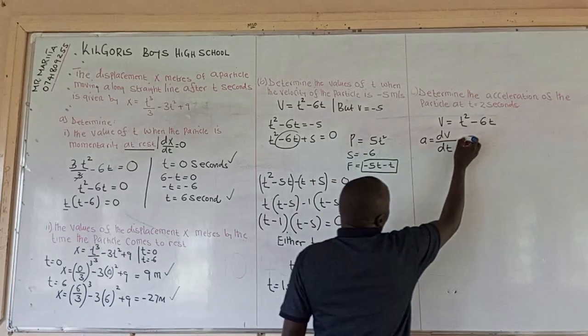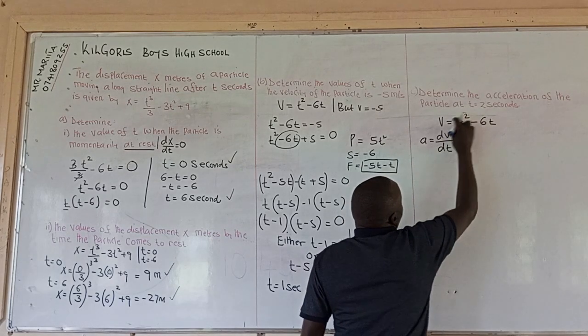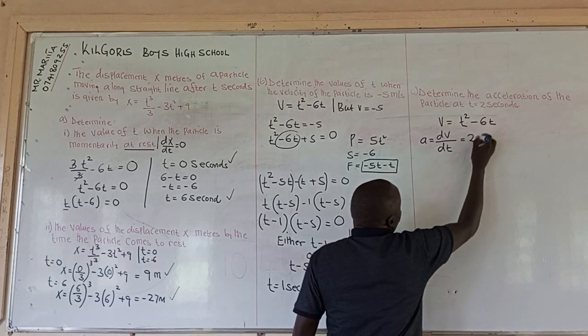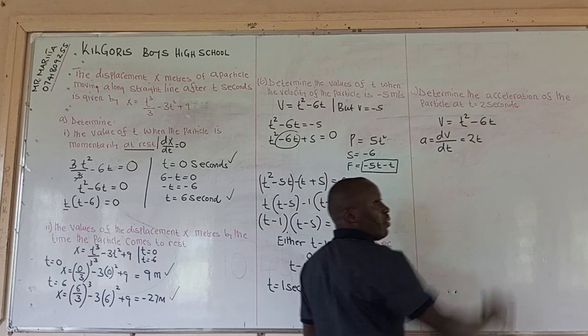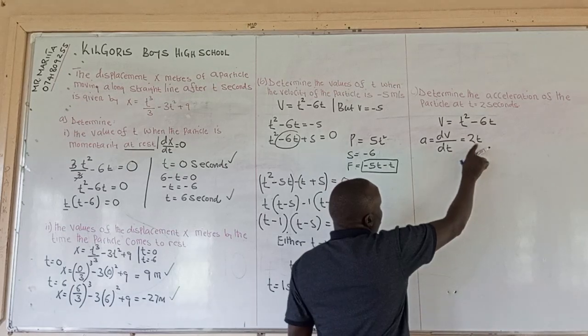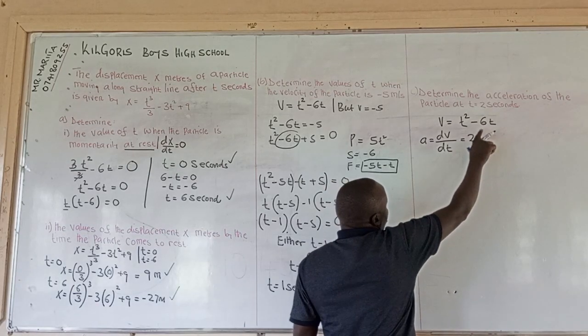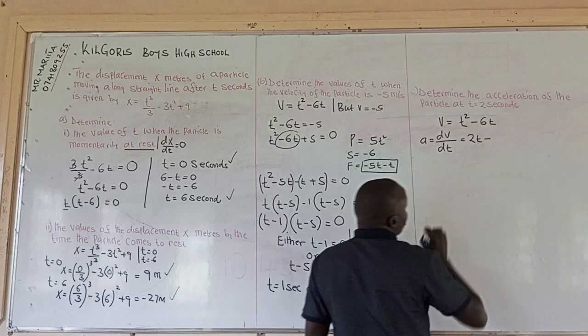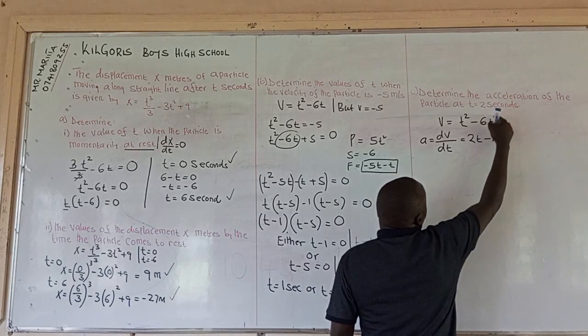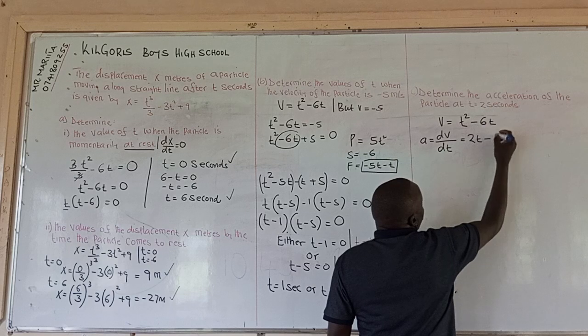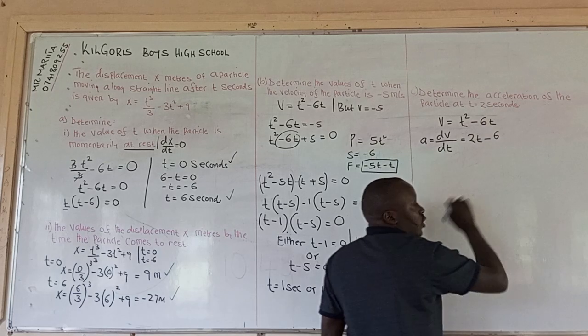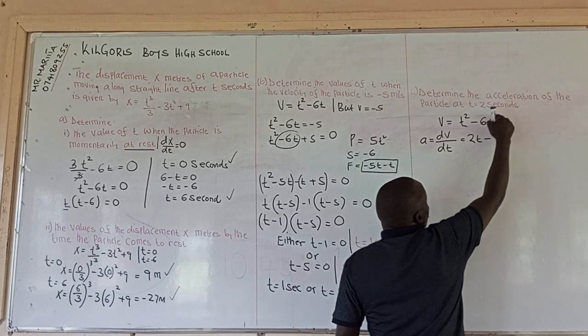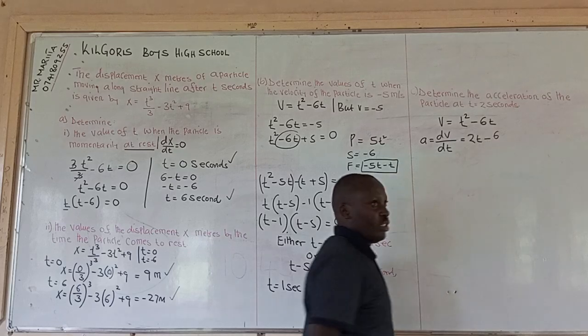So if we differentiate that one, we have 2 times 1, so we can have this as 2, and then we reduce the power by 1, so we have 2 times t raised to power 1. Then minus, this is 1 here. 1 times 6 is giving us 6. Then if we reduce 1 from here, we remain with 0.